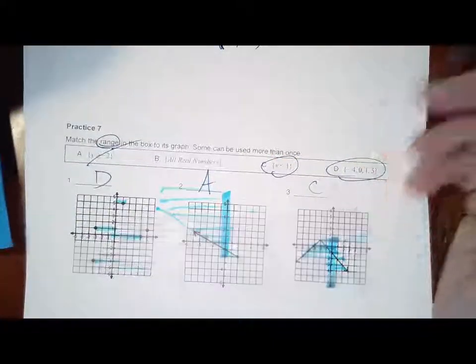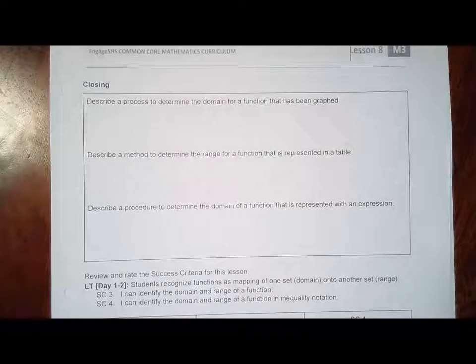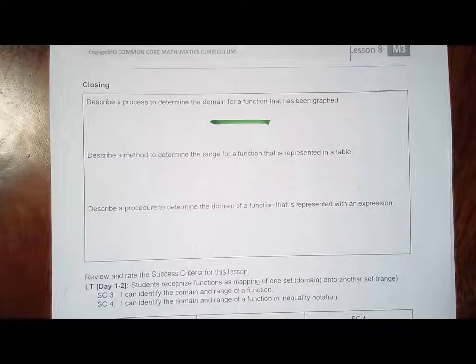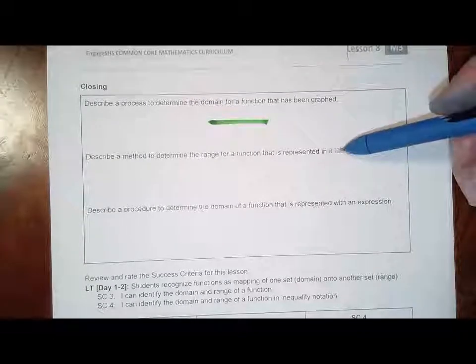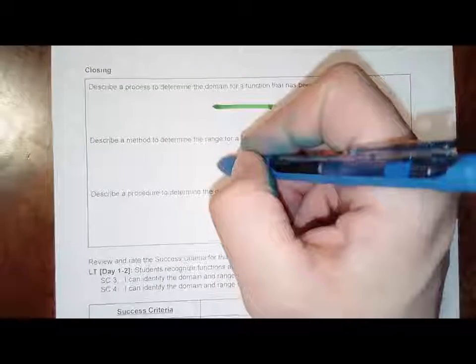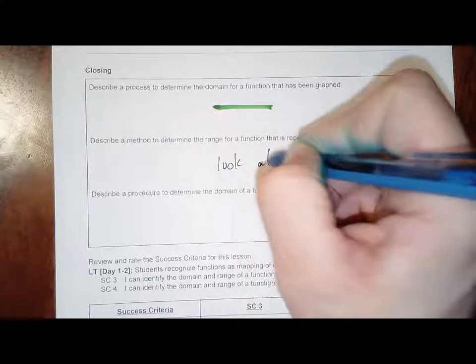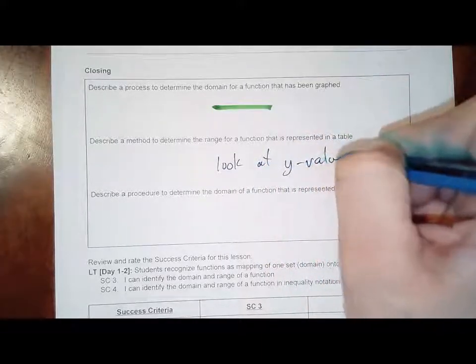Okay. Your closing section, describe a process to determine the domain of a function that has been graphed. I hope you understand that that's where this comes into play. You go to the function and look at the x choices. To describe a method for determining the range of a function represented in a table, look at the y values.